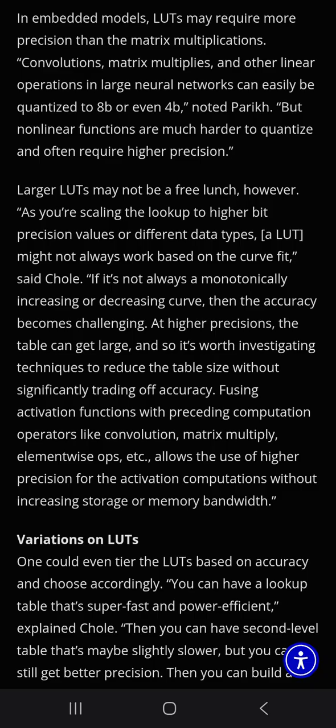Larger LUTs may not be a free lunch, however. As you're scaling the lookup to higher bit precision values of different data types, a LUT might not always work based on the curve fit, said Cole.